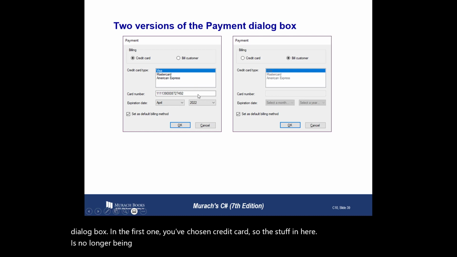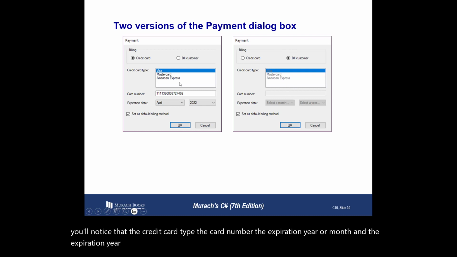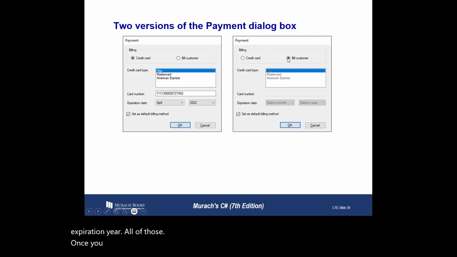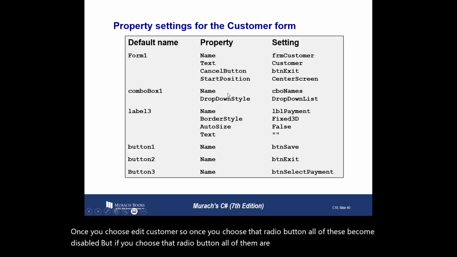But if you choose bill customer, you'll notice that the credit card type, the card number, the expiration month, and the expiration year, all of those become disabled once you choose that radio button. But if you choose the other radio button, all of them are enabled. So they show how to build that.